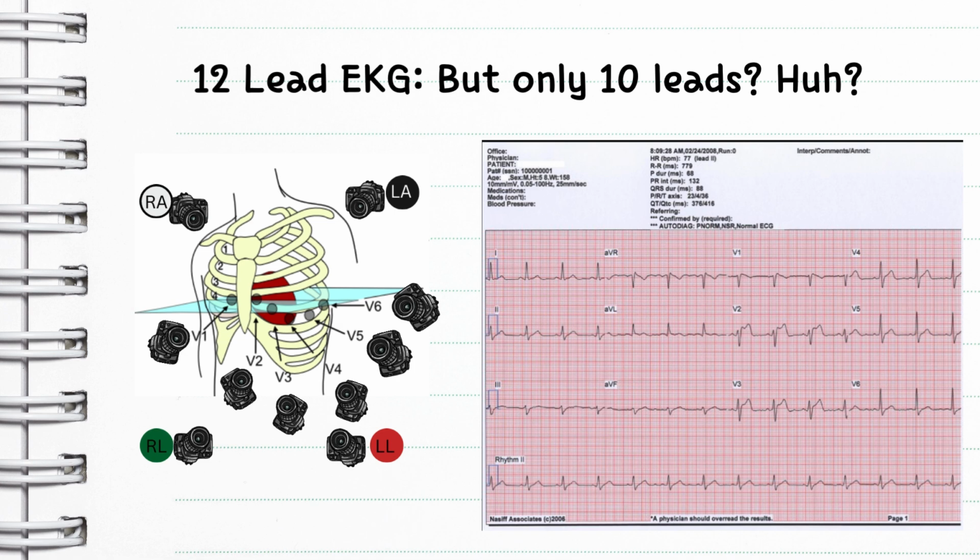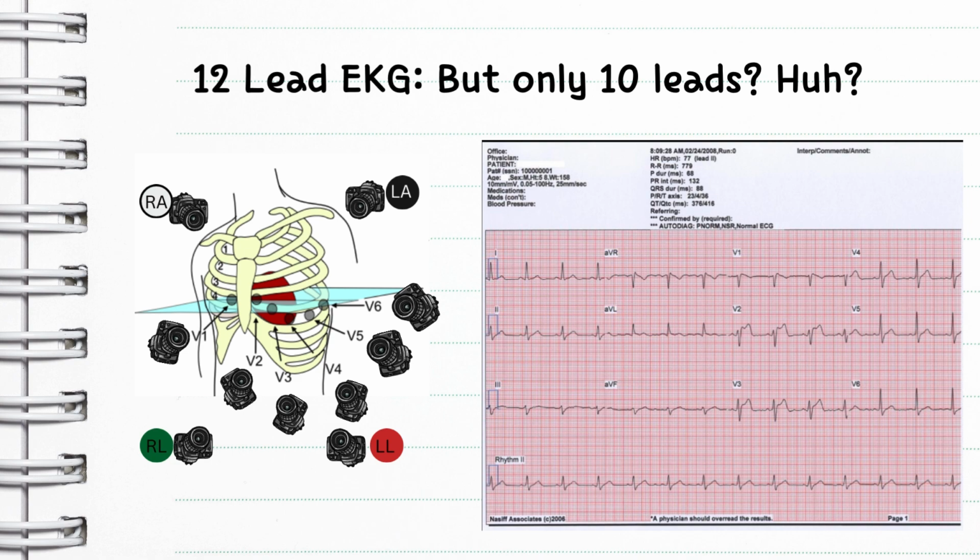And then the 6 precordial leads. Another word for precordial is the chest area, okay? So those are V1, 2, 3, 4, 5, 6. Each represents a view of the heart's electrical activity up close from the chest electrodes.